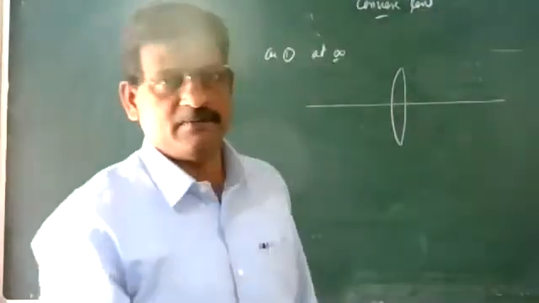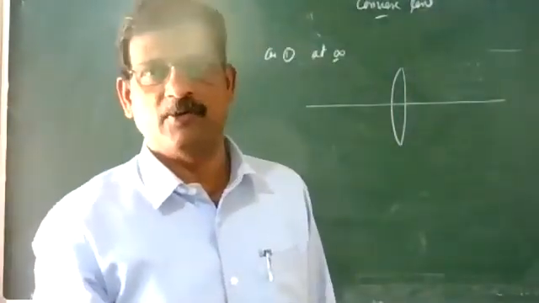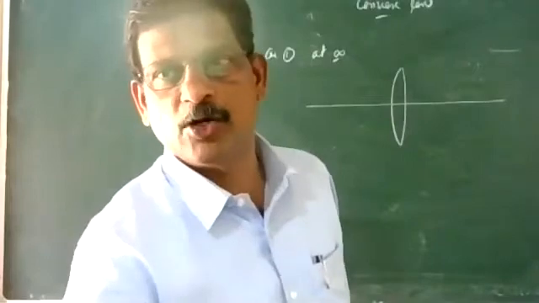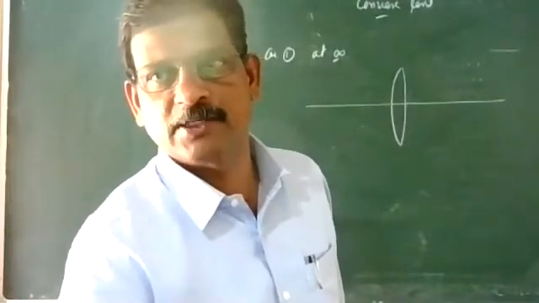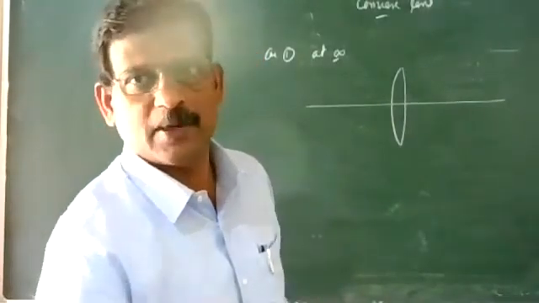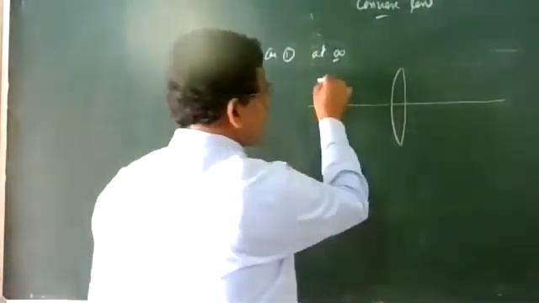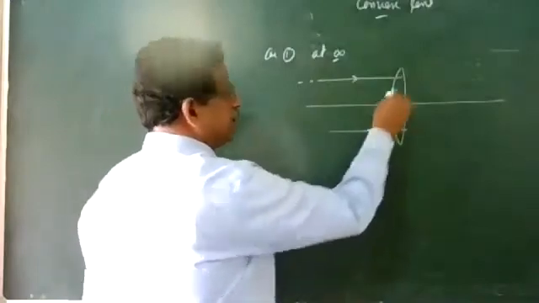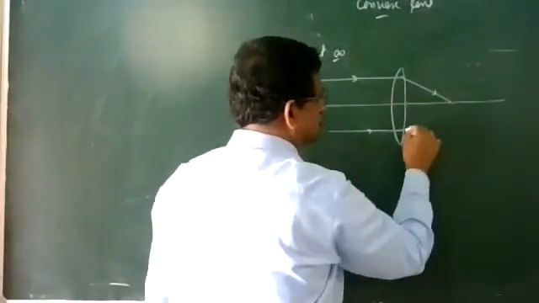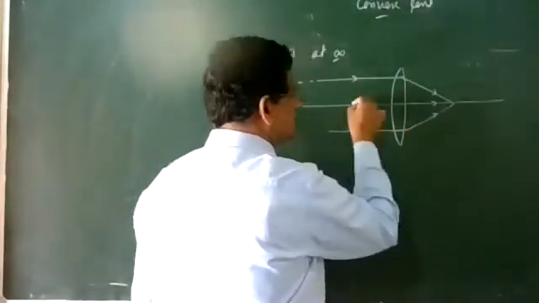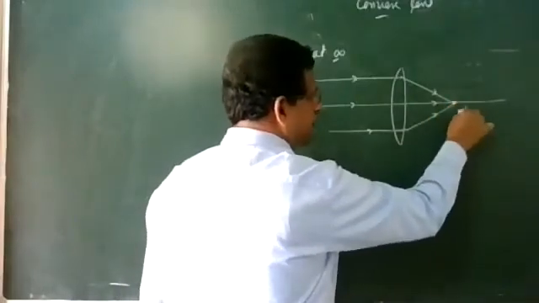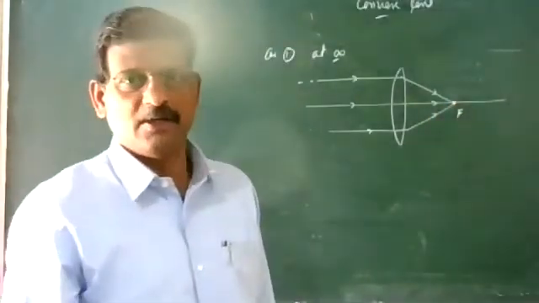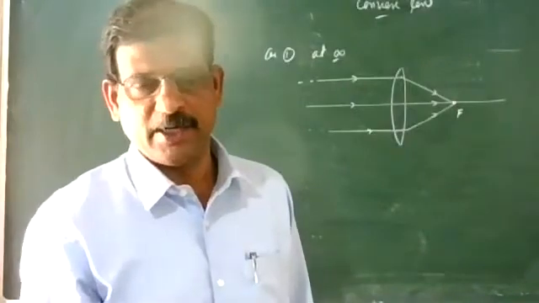Object at infinity. We have seen the definition of principal focus. Rays parallel to the principal axis, the object is at infinity, rays are parallel to the principal axis. After that, they converge at a point here. So we are getting the image at the focus. It's a real image, you can take it on a screen.